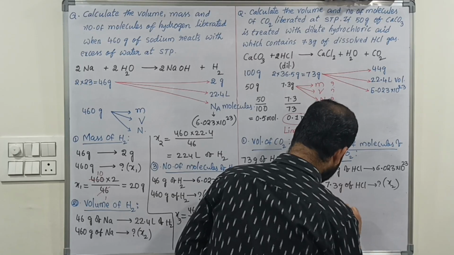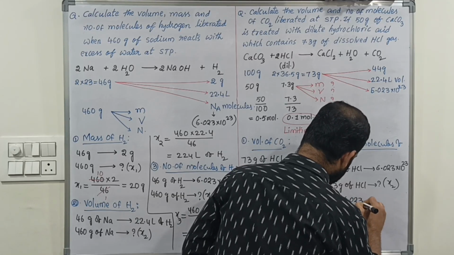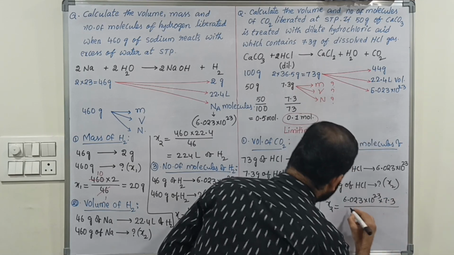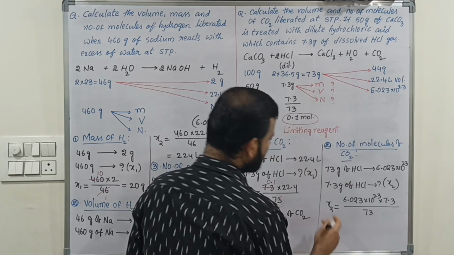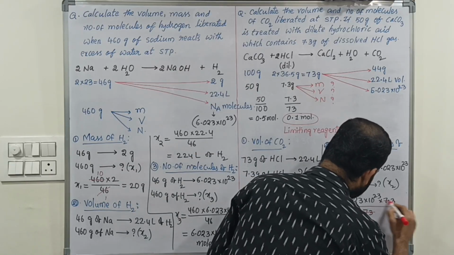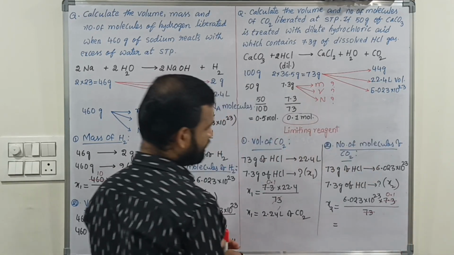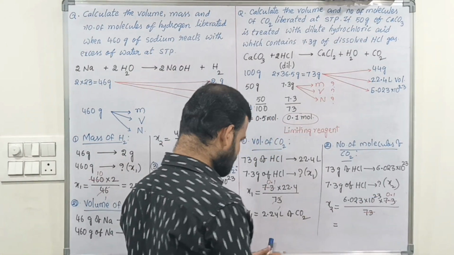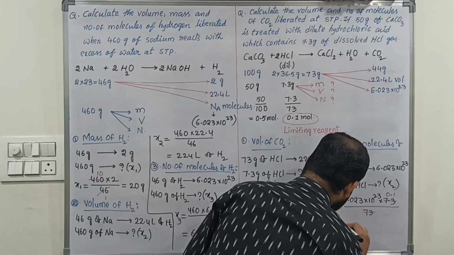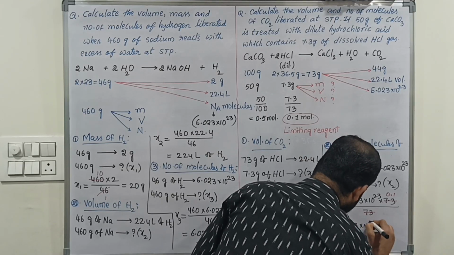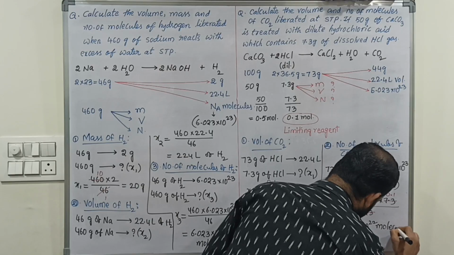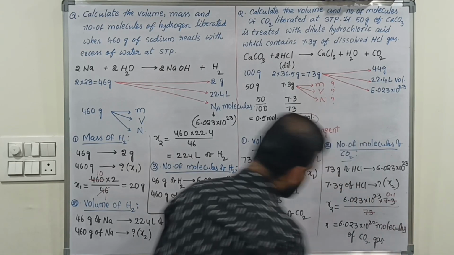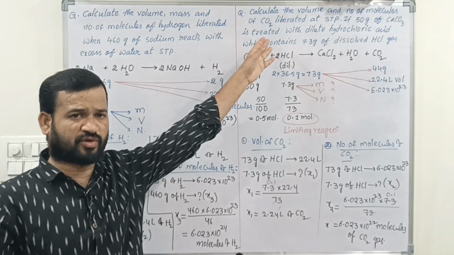Then x2 equals 6.023 into 10 power 23 into 7.3 divided by 73. 73 ones are 73, 0.1. Then 10 power 23 becomes 10 power 22. So x2 equals 6.023 into 10 power 22 molecules of CO2 gas. So this is the solution of this problem.